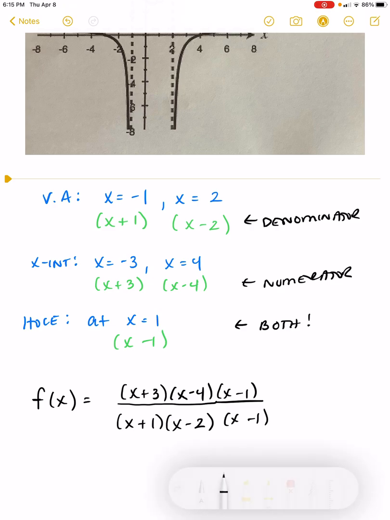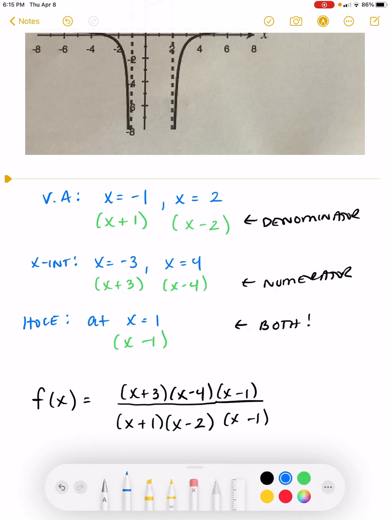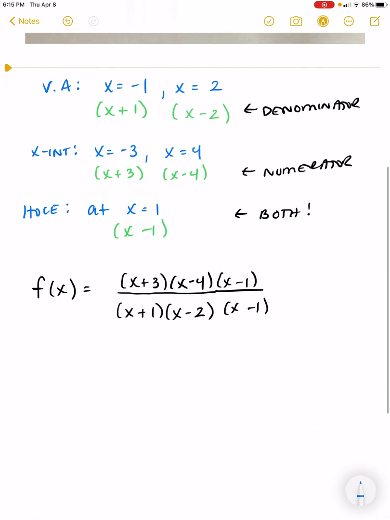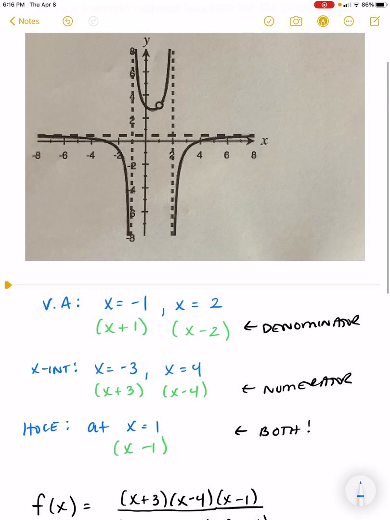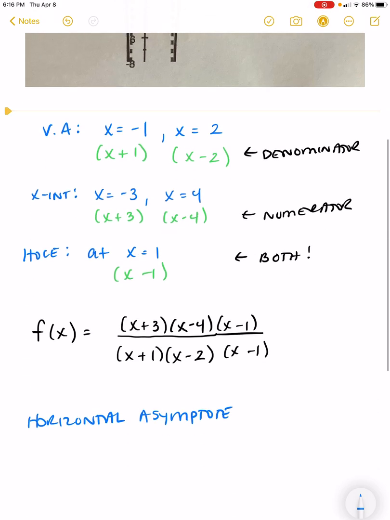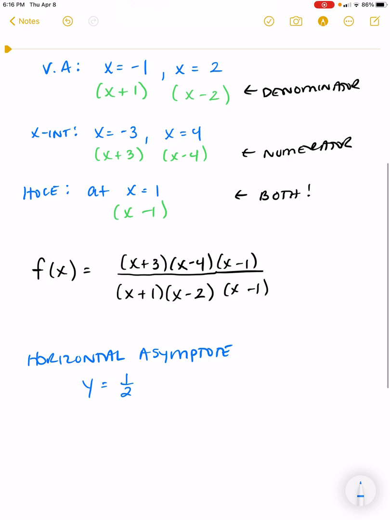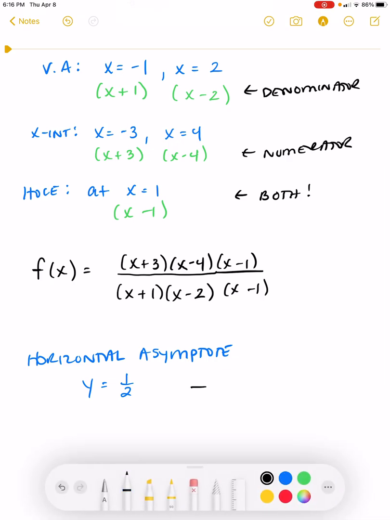So the last piece that we're going to incorporate is going to be the horizontal asymptote. And that's what I do after I get all the factors in place, okay? So when I look at this, the horizontal asymptote appears to be at y equals 1/2, okay? So when I look at my picture, it's at y equals 1/2. Well, for y equals 1/2 to be true, that's because the degrees have to be the same.